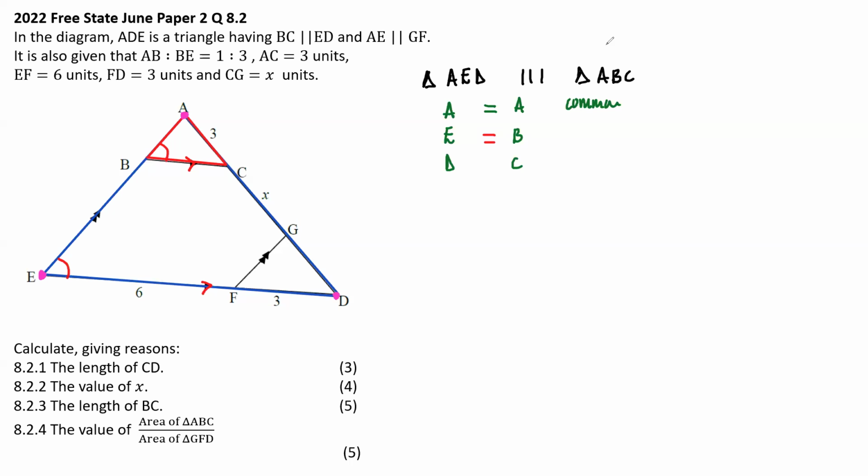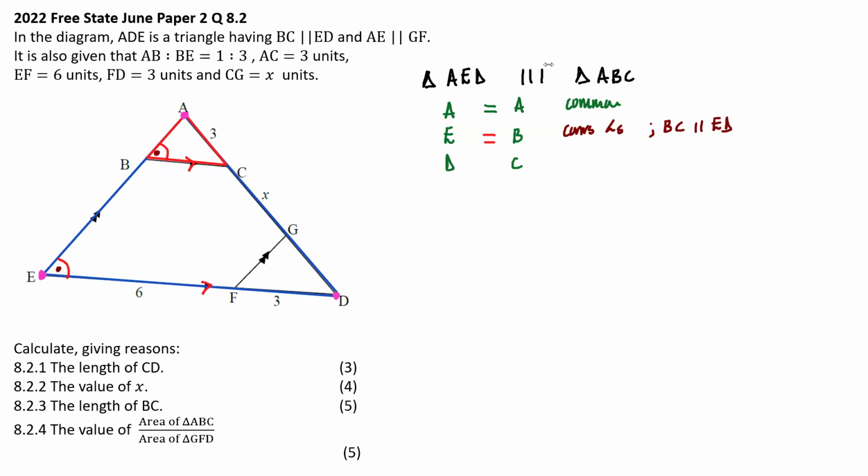Because the line BC is parallel to the line ED, they are corresponding angles.